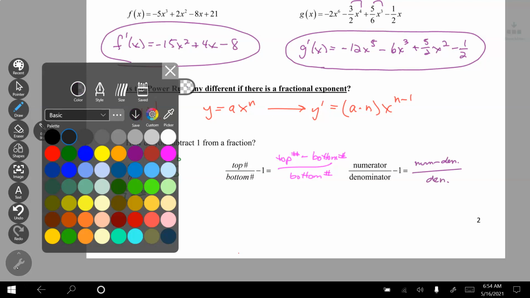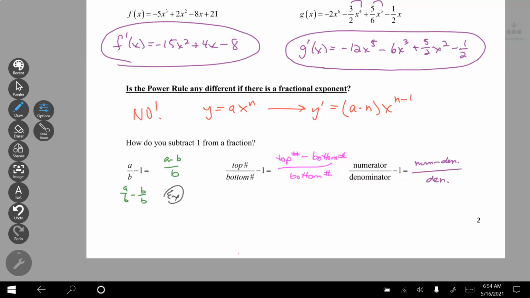Let's look at an example. 5/3 minus 1 is really 5/3 minus 3/3, or I'd rather just do top number minus bottom number, which is 2 over 3. Or we could do negative 3 over 4 minus 1, and the top number is negative 3 over 4, so that would be negative 7 over 4.